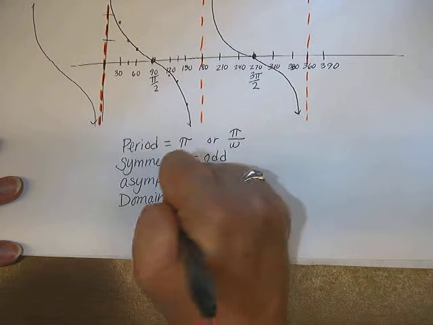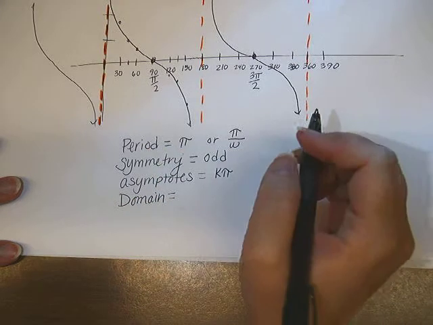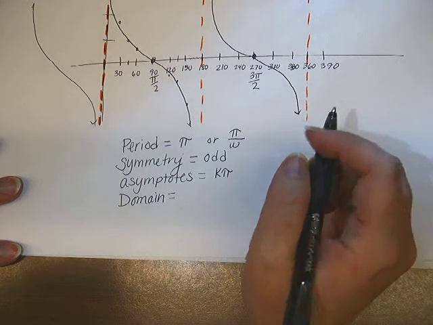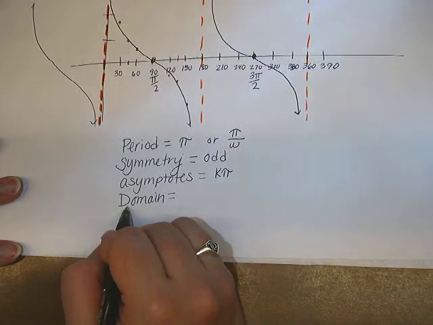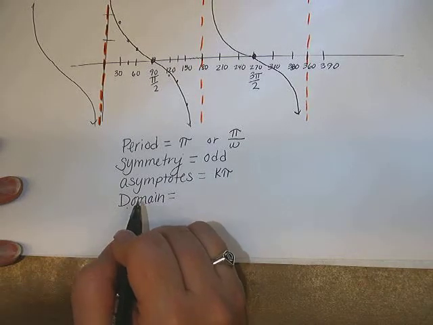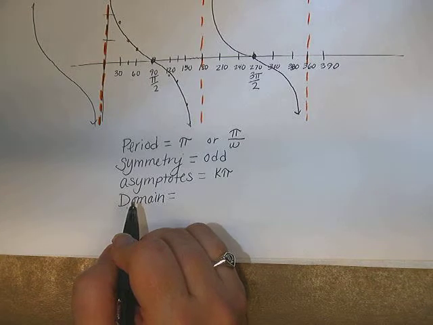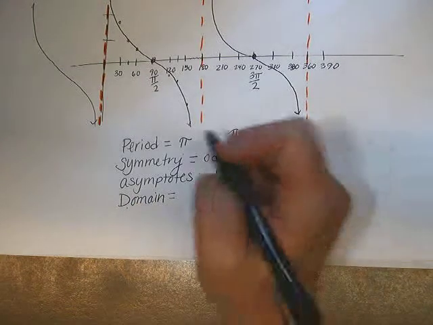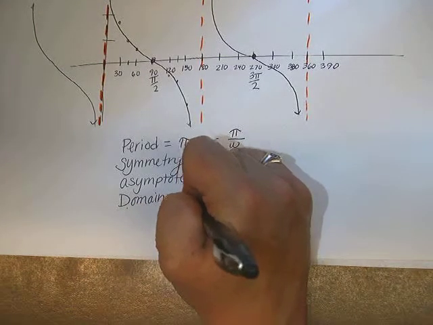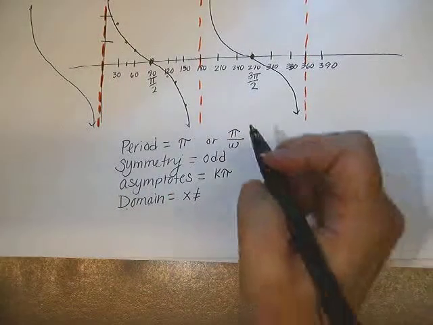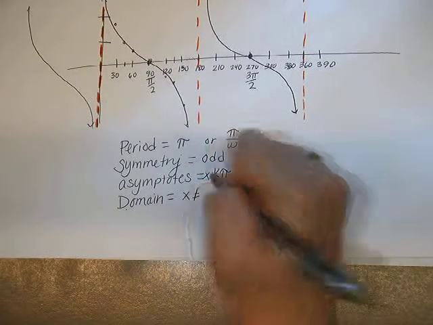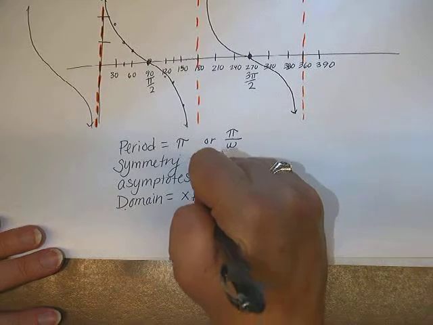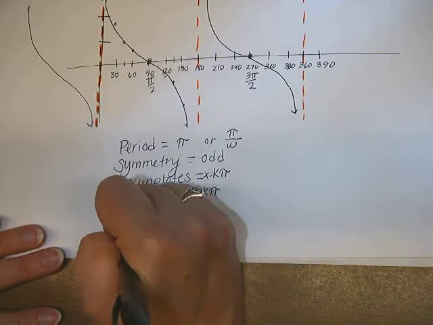The domain are the x values, and they don't exist where there's an asymptote. So we might have a domain that x does not equal values of k pi.